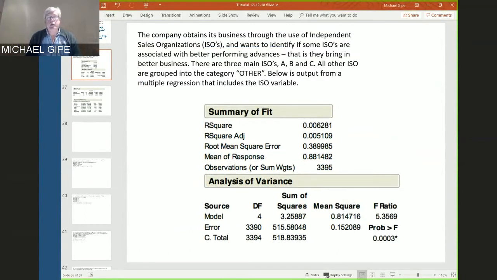That is, if they bring in better business. There are three main ISOs, A, B, and C, and all of the others are grouped into a category called Other. And here we have a couple of pages of output from a multiple regression that includes the ISO variable. So we have a 4-level ISO categorical.